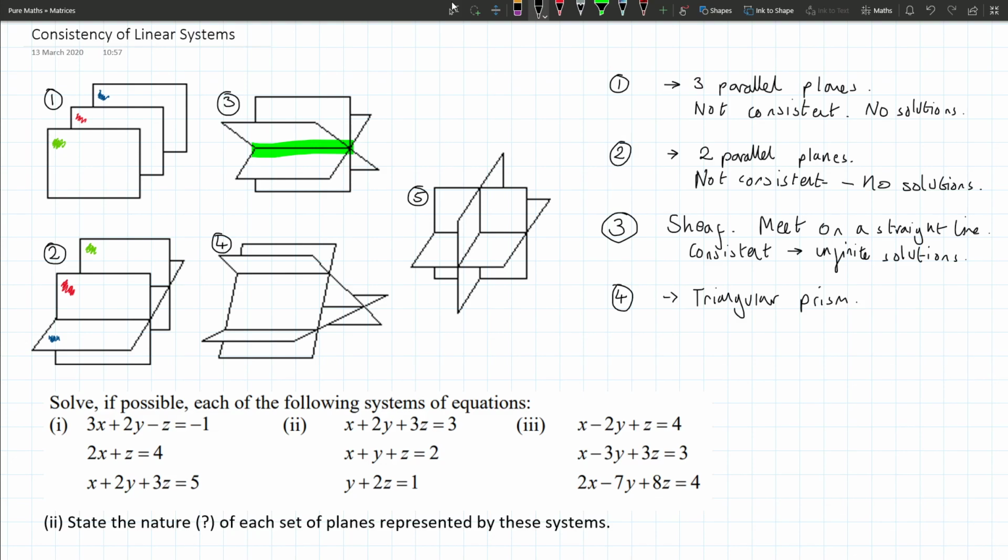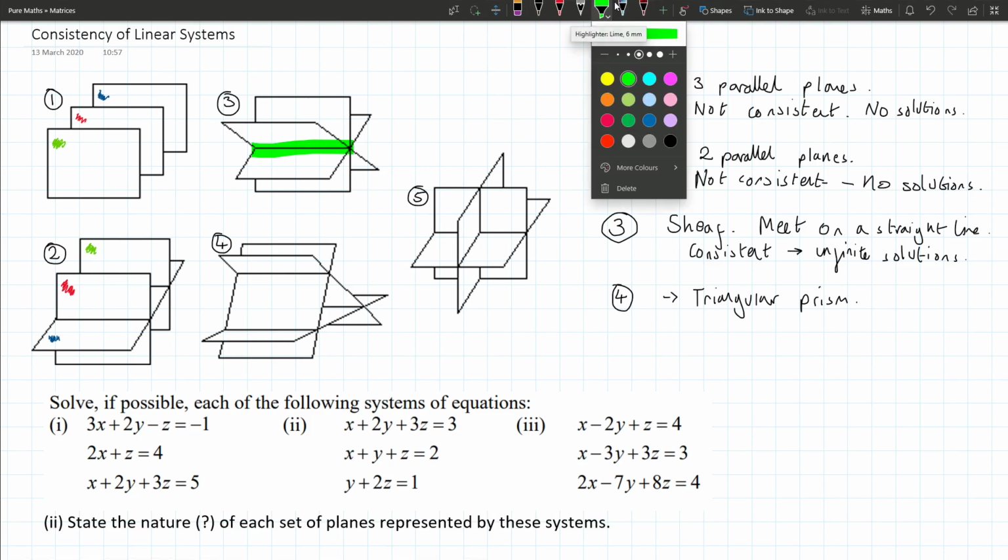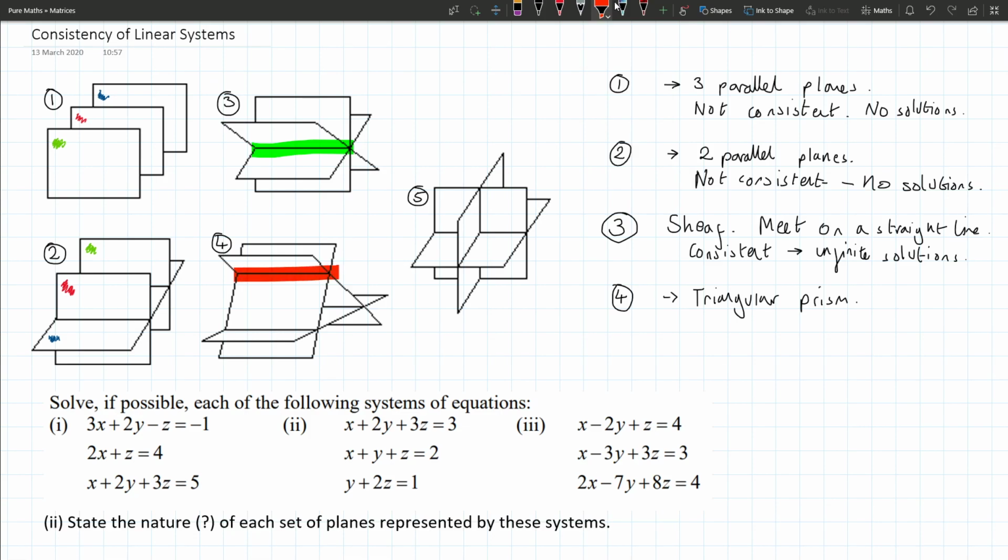If they form a triangular prism, again, it's kind of like this situation. There's 3 lines they meet on, but on none of these lines, like if I highlight this line red, you might think, well, these are solutions to these 2 planes, but it's this plane at the bottom, nothing on that red line is a solution to this plane.